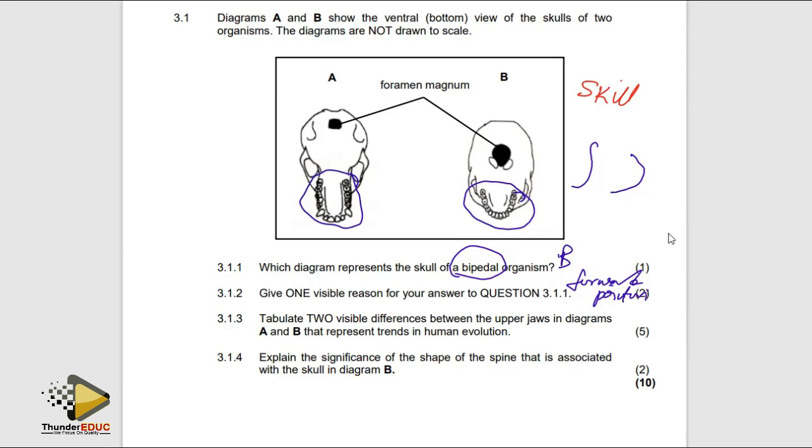The upper jaw in diagrams A and B. When they say the word tabulate, that's a mark. You can see it is 5 marks. So when you draw a table, please make sure that you draw a correct table so that you get all the marks. You write here, for example, skull A and then skull B. Make sure that you close the table.